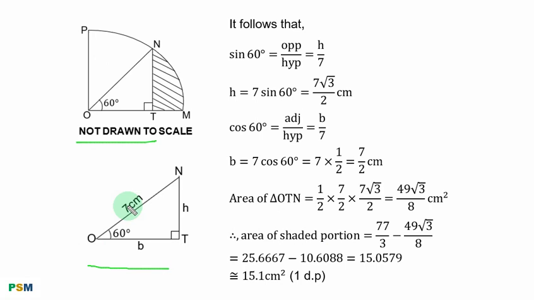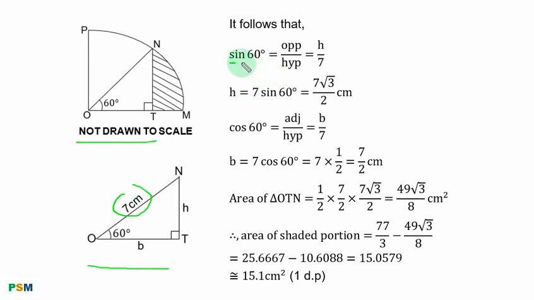The radius of the sector, which is the hypotenuse of the triangle, is 7 cm. You have the height and the base. We can use the given angle and the hypotenuse to find the height and the base respectively.